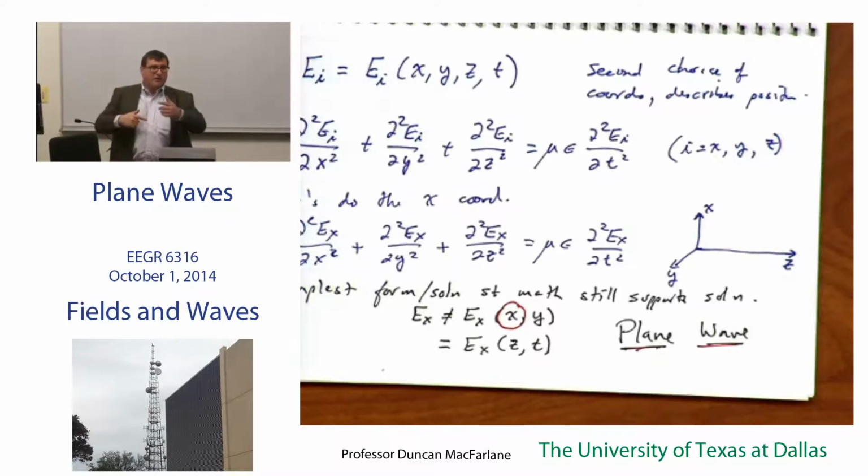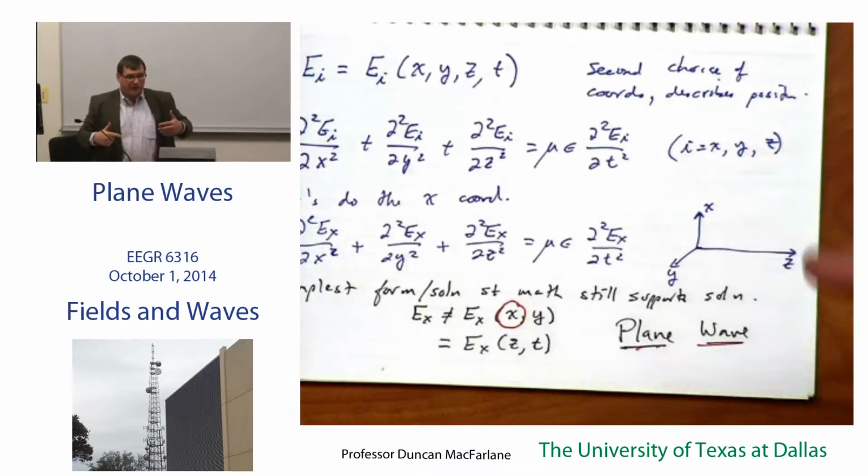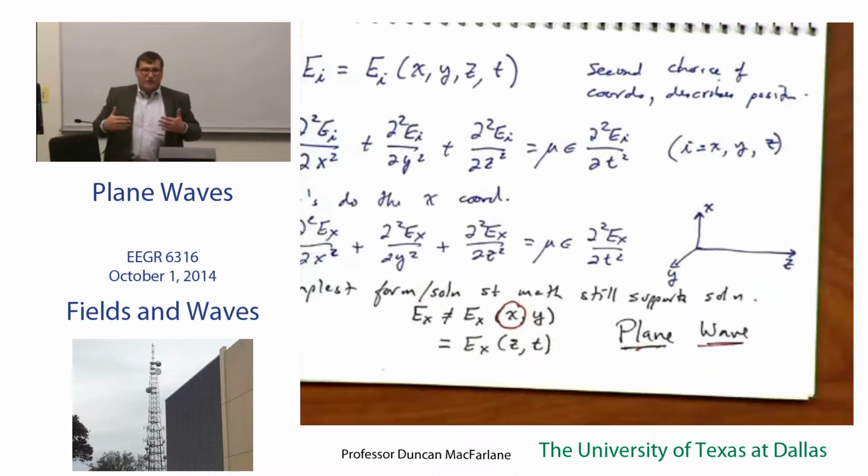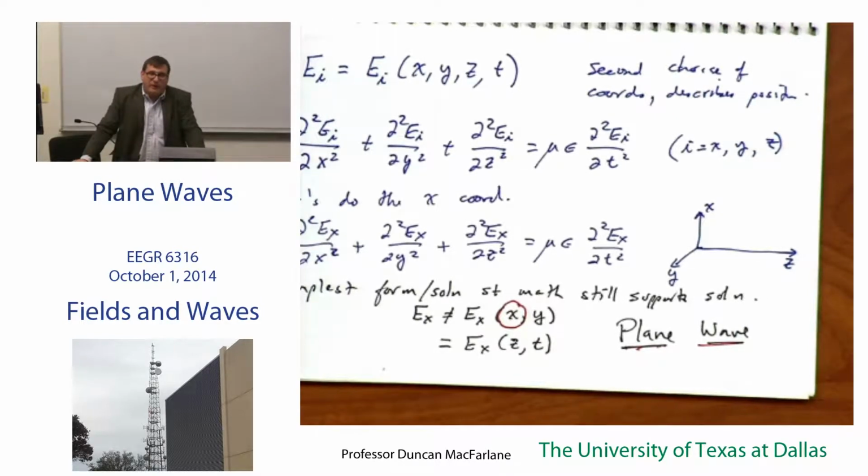If I take a step forward, it can change as I move through z, or if I stay there and let time move, then it can change. But the fact that it's constant on this plane is the reason why we call it a plane wave.